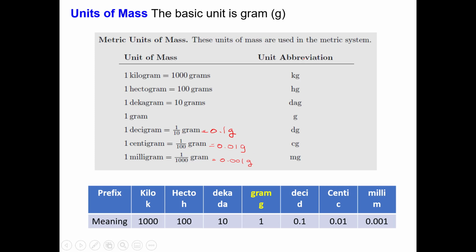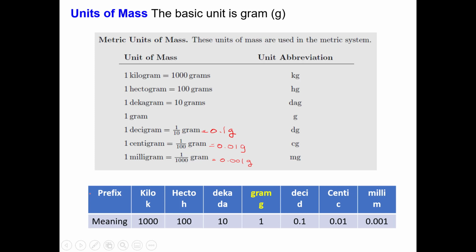And we use the same letters to indicate the prefixes. Kilo means 1,000, h means hecto, 100, da is deca, 10. This is the basic unit. This is deci, 0.1, centi means 0.01, and milli means 0.001.